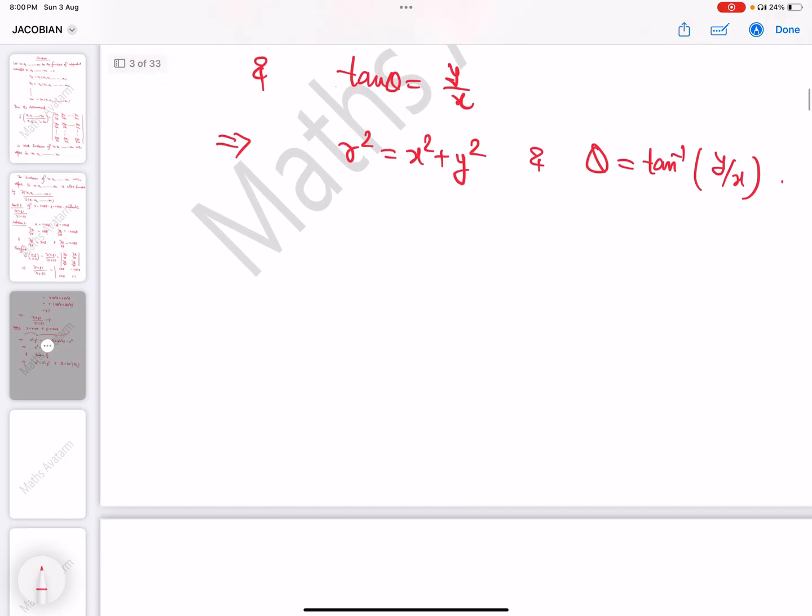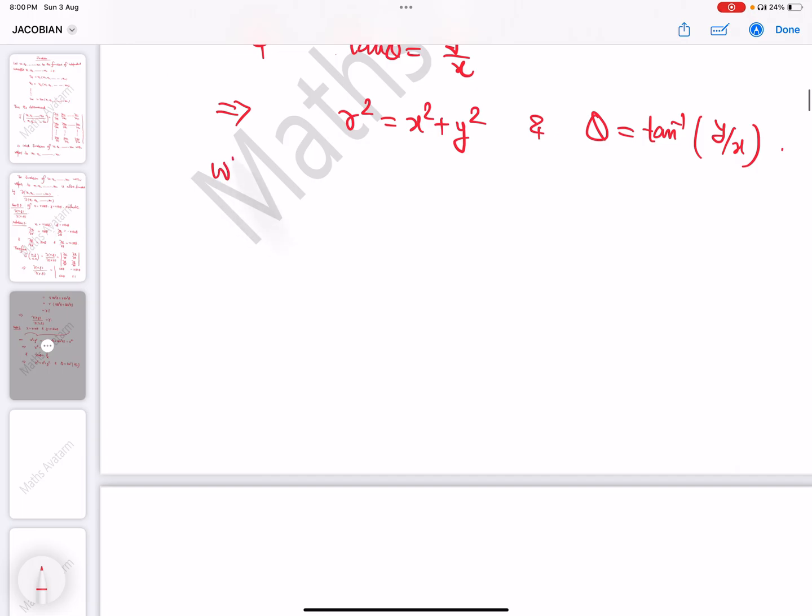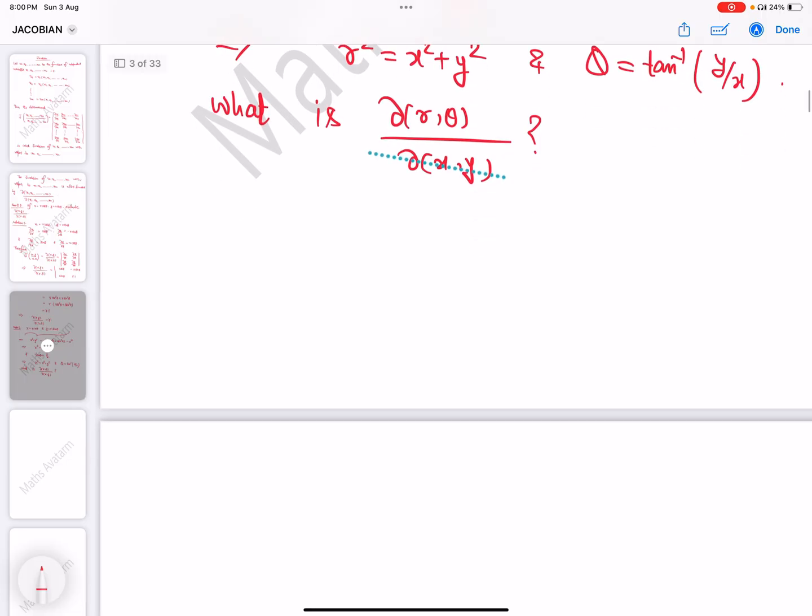Now, what is del(r, theta) upon del(x, y)? Because here r is a function of x, y, theta is also a function of x, y. We can also ask the question, what is this? Now, r square is x square plus y square.